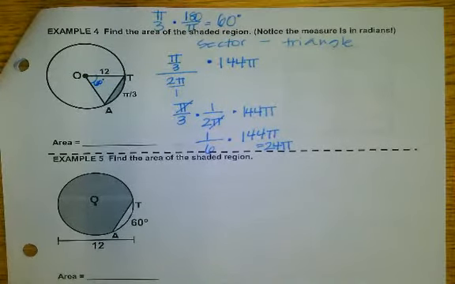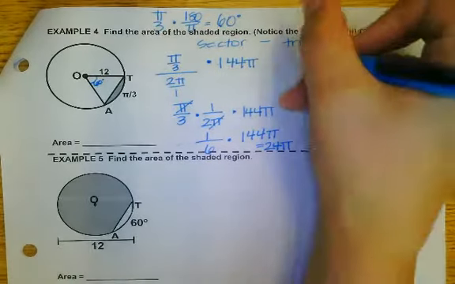Okay, so we already did this 30, 60, 90 with a side length of 12. So who remembers, or just flip over, what was the area of the triangle? 36 radical 3? Yeah. Okay, so you have 24 pi minus 36 radical 3. That's exact.